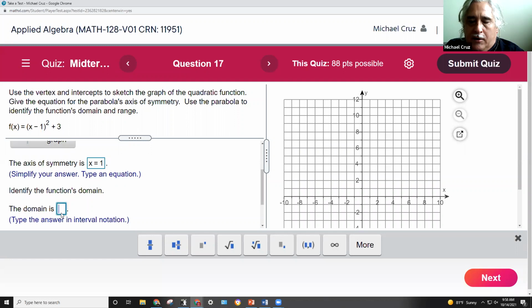And then the domain is just going to be like for any function. And in the range, this is going to be the lowest that it gets. We're talking about y. It's going to start at 3.